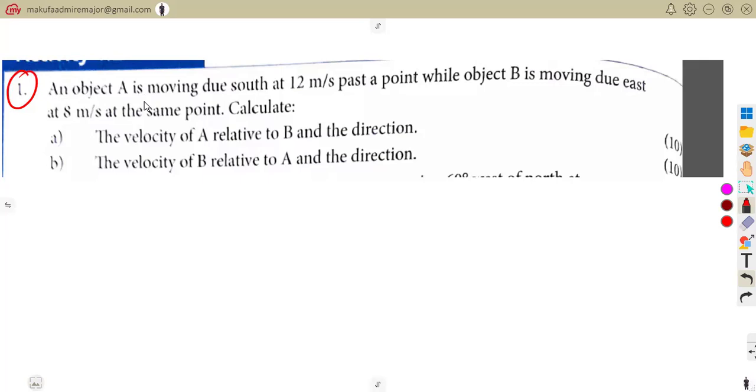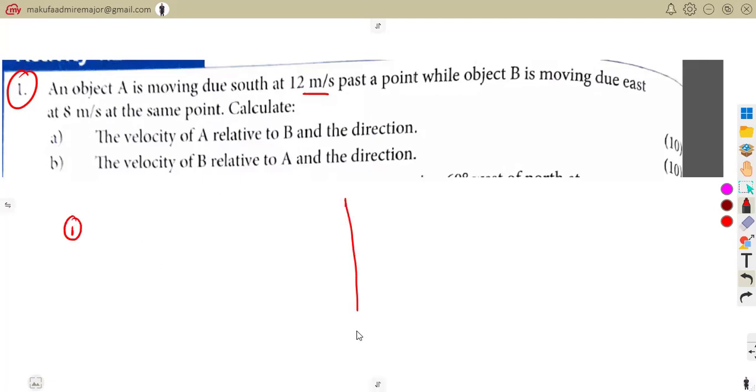An object A is moving due south at this speed past a point, while object B is moving due east at 8 meters per second at the same point. This is the information that you're given originally.